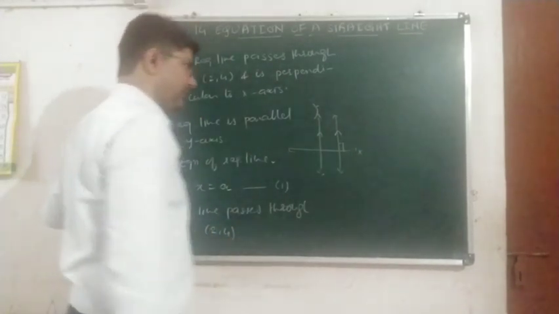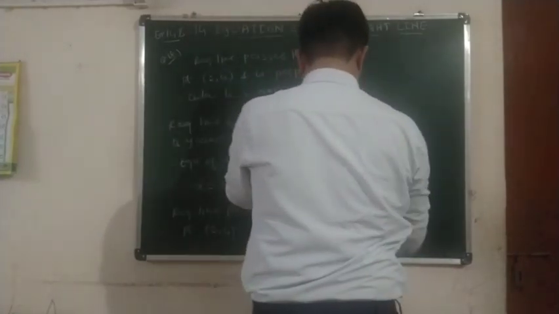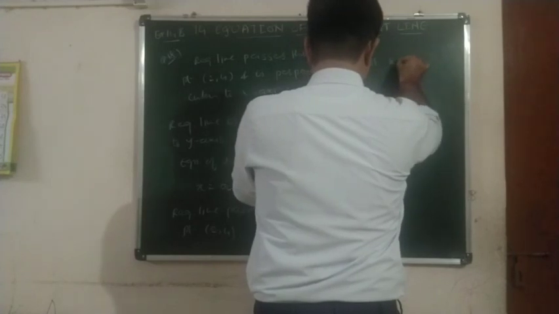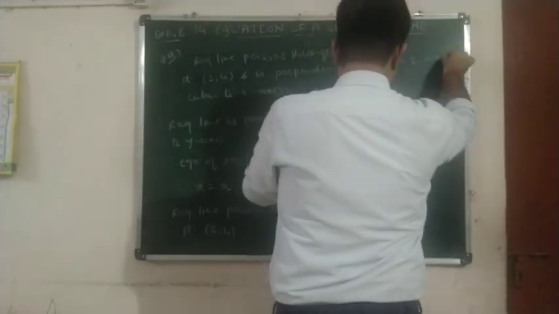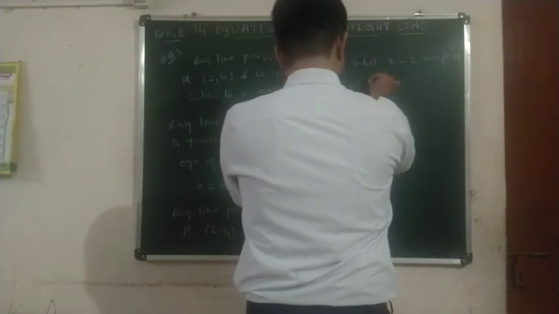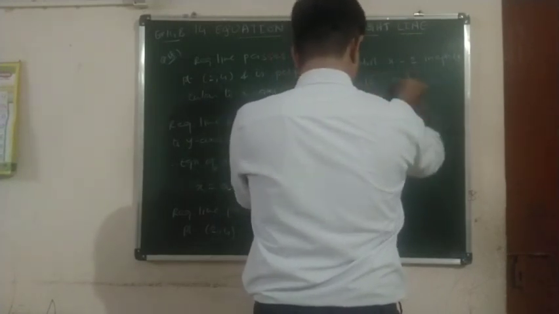We will substitute in the equation. Substituting x is equal to 2 in equation 1, we will have 2 is equal to a.